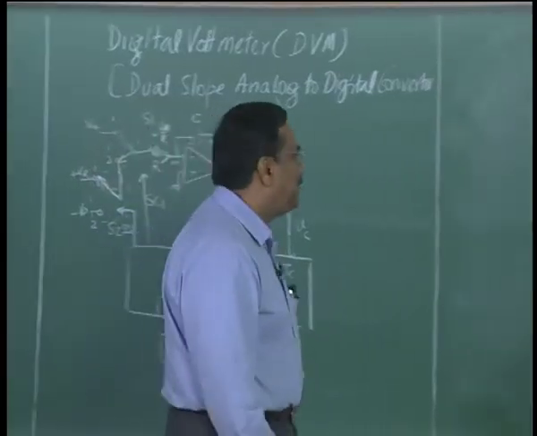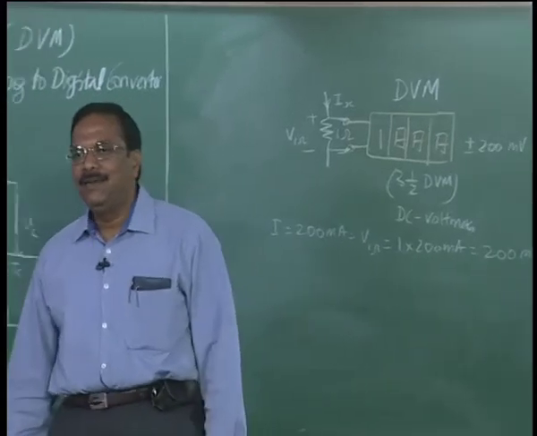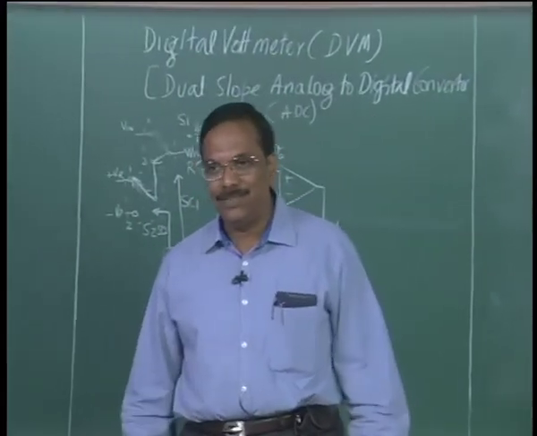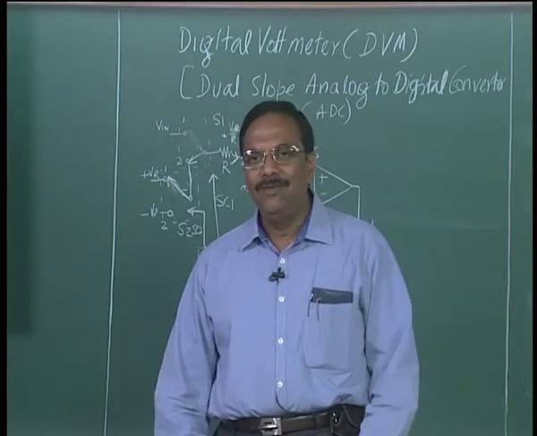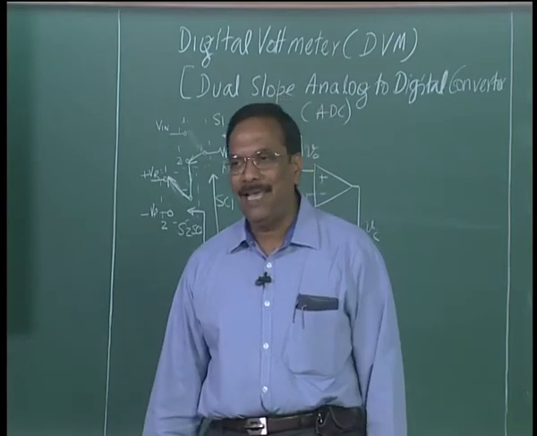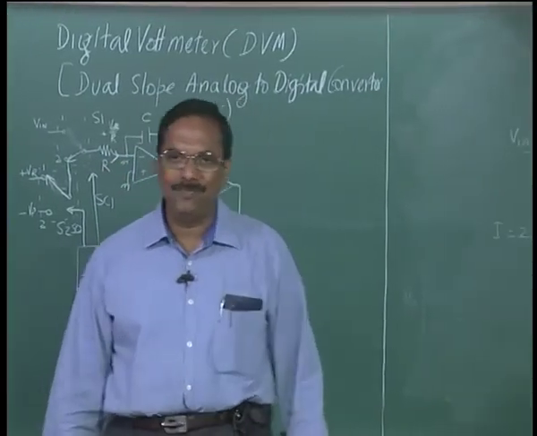I keep saying plus or minus 200 millivolts, plus or minus 200 milliampere, but all of us do understand that it is 199.9 millivolts and 199.9 milliampere. At 200, the meter will not show anything, it will overflow.